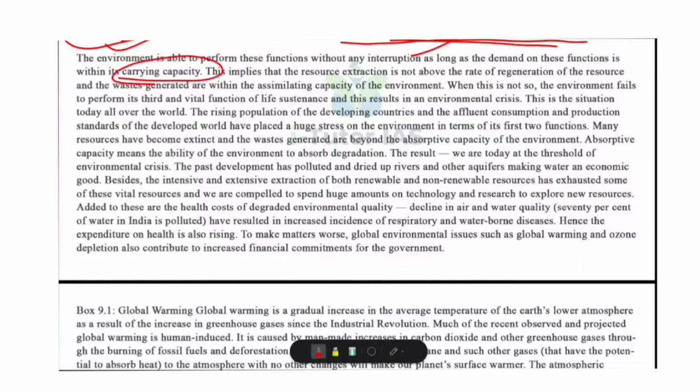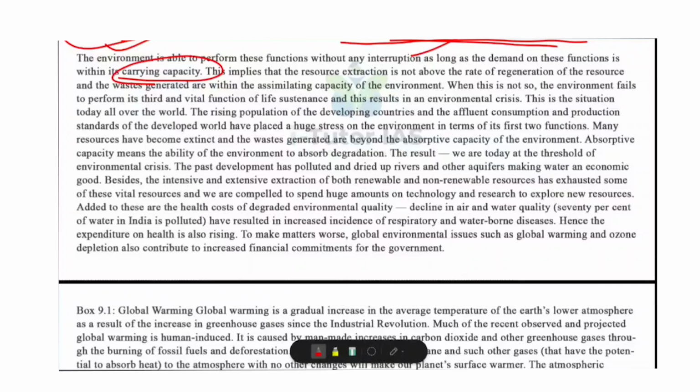Carrying capacity simply means how much the environment can handle without being damaged. For example, if we cut trees but also plant new ones, the balance remains. That's within carrying capacity. But if we keep cutting more and more trees without replanting, then forests cannot regenerate. That's beyond carrying capacity.